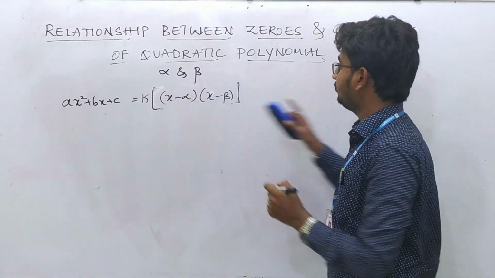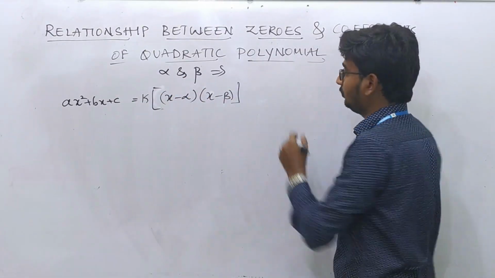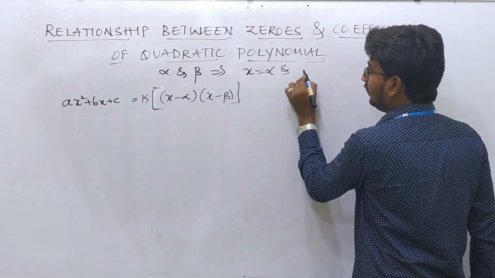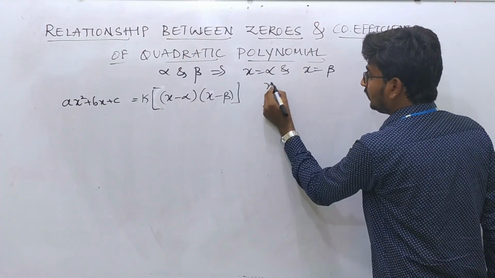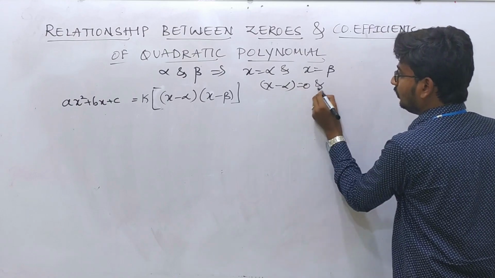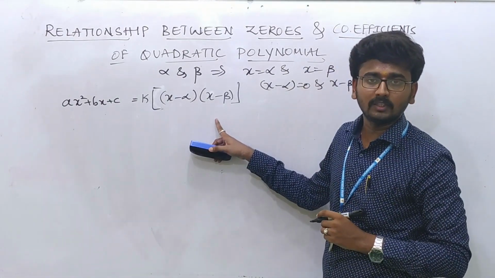Why minus? Because if alpha and beta are the roots or zeros of the polynomial, then x will be equal to alpha and x will be equal to beta. If alpha goes to LHS, what will it become? x minus alpha equal to 0 and x minus beta equal to 0. So, only x minus alpha into x minus beta.